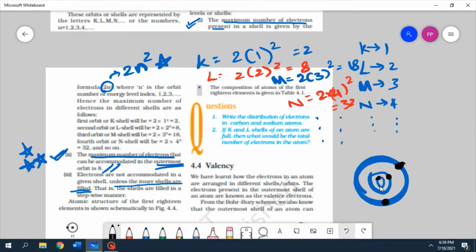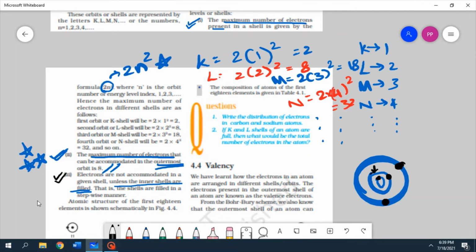That's not how it works. Electrons are not accommodated in a given shell unless its previous shell is completely filled. So electrons cannot be put in the third shell unless the second shell is completely filled, and electrons cannot be put in the second shell unless the first shell is completely filled. That's what you need to remember. That is also pretty important.